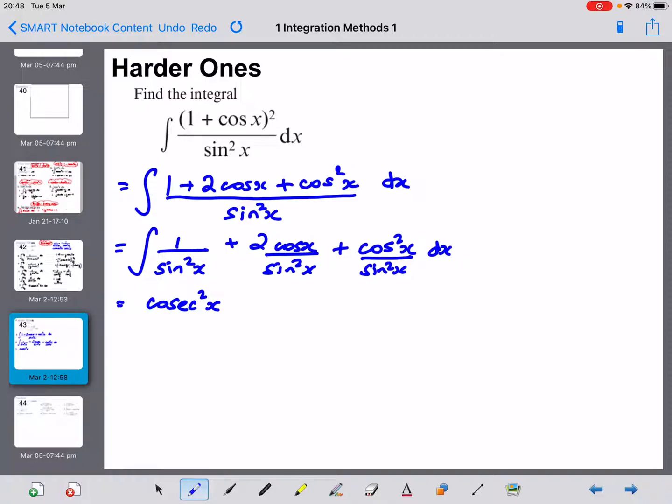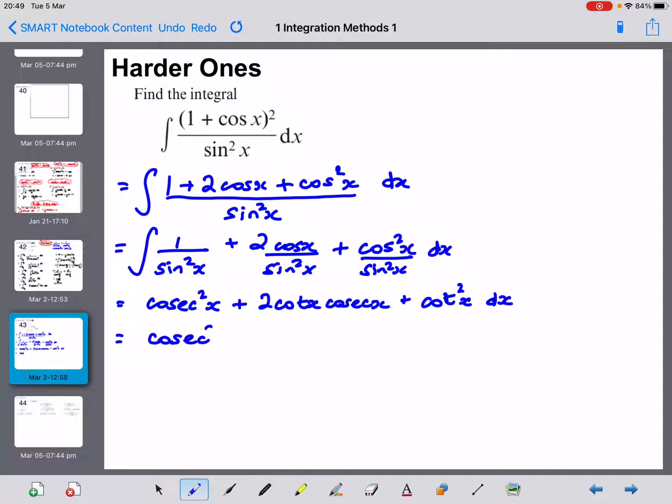Now cos x over sine squared, we've seen this before, that's the same as cos over sine, which is cot, times 1 over sine, which is cosec, and that's in the formula booklet. And then cos squared over sine squared is cot squared, which is not in the booklet, but I showed you how to do that at the start of this video.